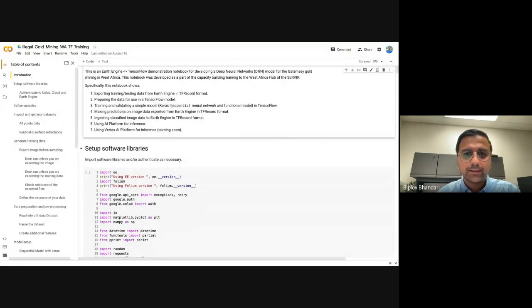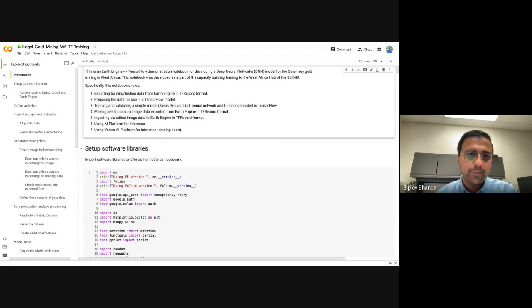We'll be looking at a sequential method to produce this model, and also a functional method. The sequential method is relatively easy, but if you want to make a really complicated model, then you probably want to use a functional model.